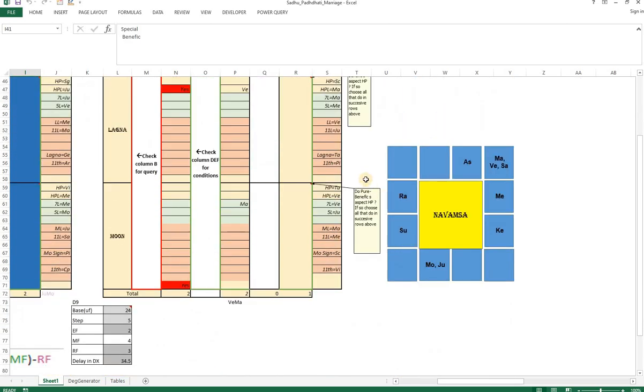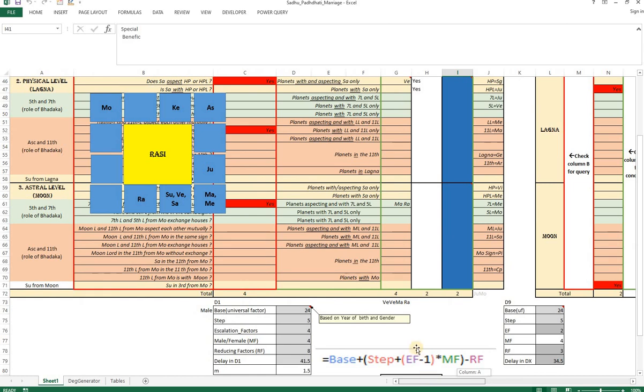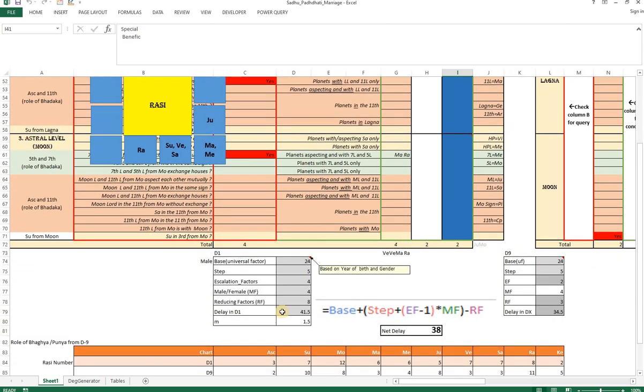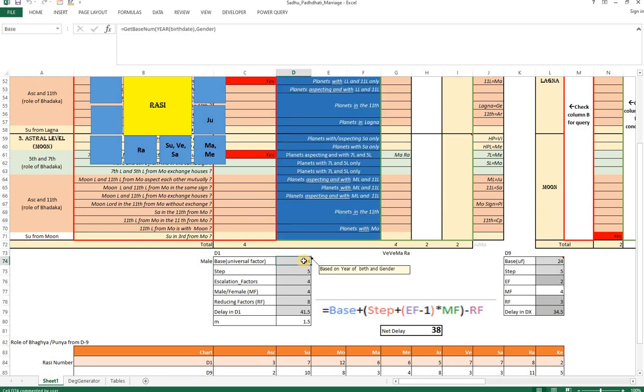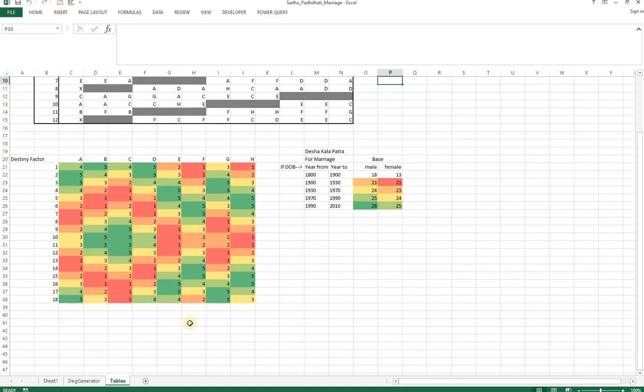And once that is done, you can pull this as well here to any place you require. Then essentially what the program does is use a formula that's given in the book. It has a base which it pulls from tables.